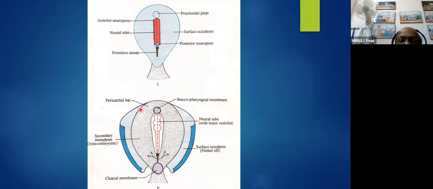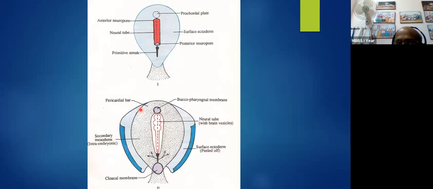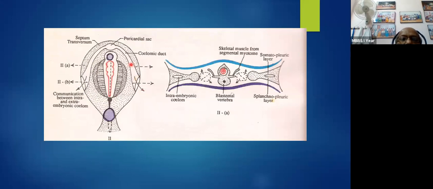In the lateral plate mesoderm, we have formation of small spaces. All these small spaces form your intraembryonic coelom, which I have already explained.